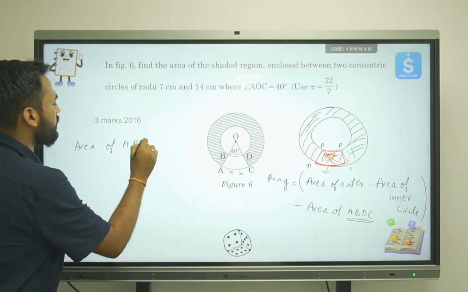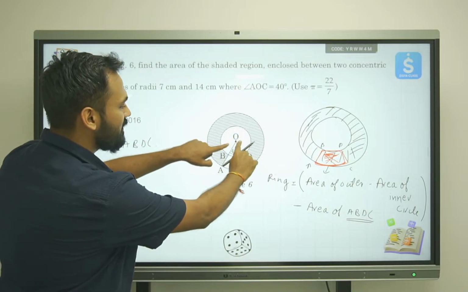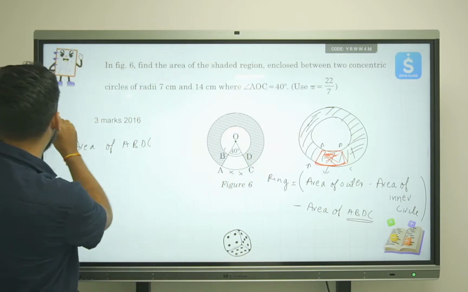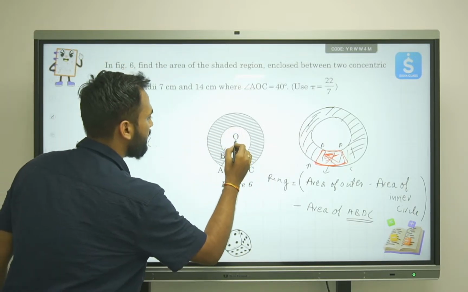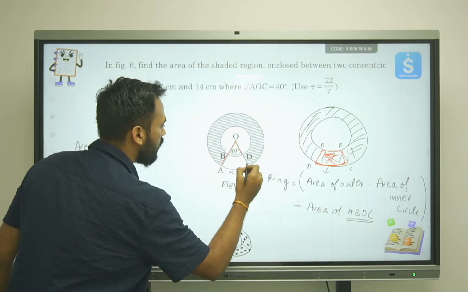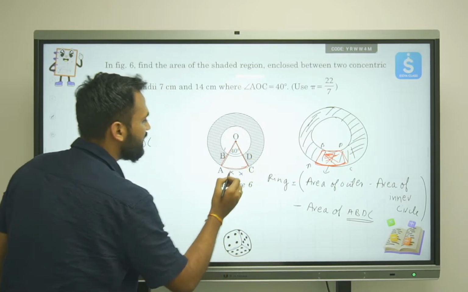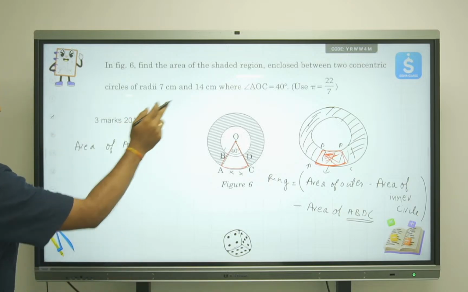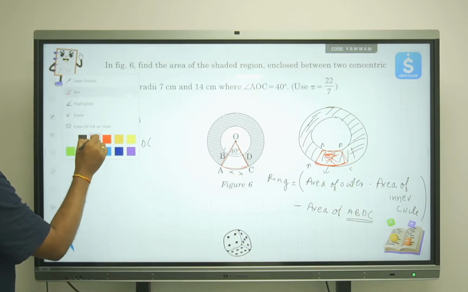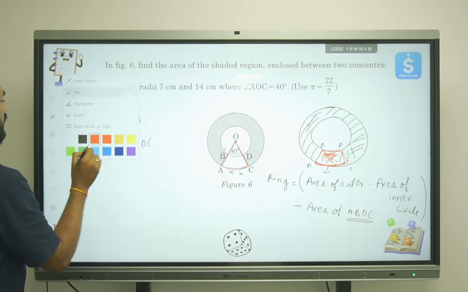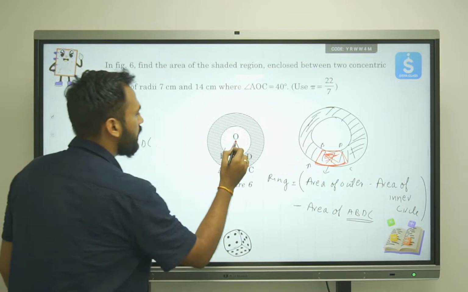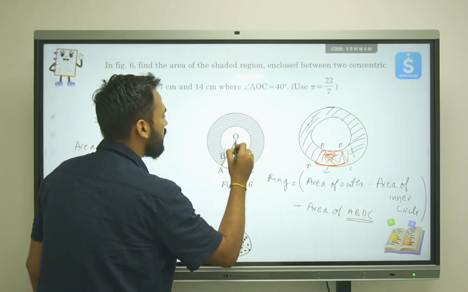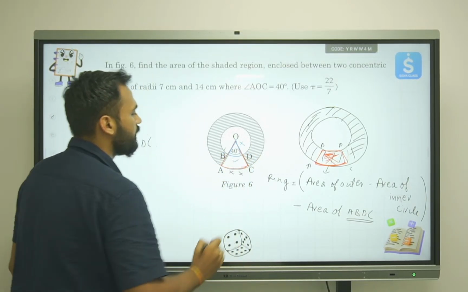If you see, there's a sector OAC. In this sector, if I remove sector OBD, let me draw OBD in blue color here, if I remove this much part, I'll be left with ABDC.